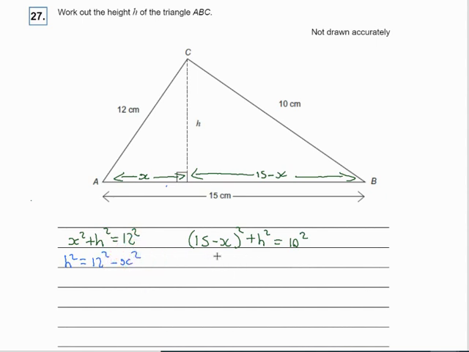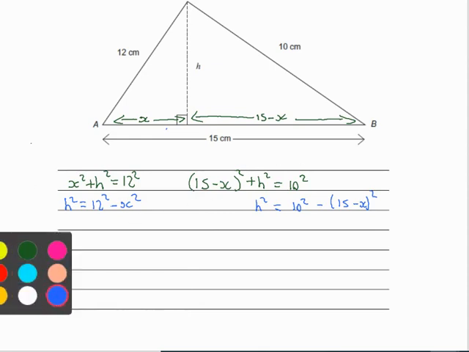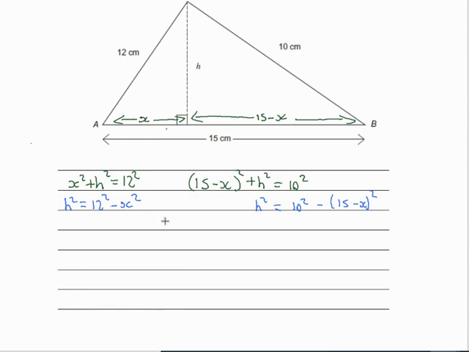And then for the other one, we've got h squared is equal to 10 squared minus this 15 minus x squared. So now we've got h squared equals one thing and h squared equals another thing. So we can equate those two things to each other. So we can say that 12 squared minus x squared is equal to 10 squared minus 15 minus x squared.